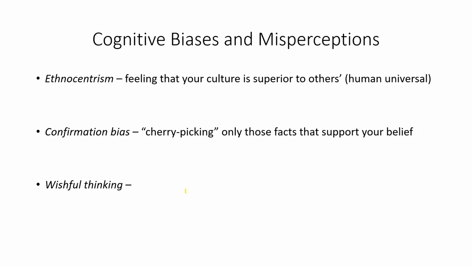Some other things that affect our decision making, particularly at the state level in our international system, this concept of ethnocentrism, which I will talk about more, particularly in the chapter on conflict. This is something that is considered a human universal in that all humans are somewhat socialized to feel that their culture that they were raised in is superior to other cultures.